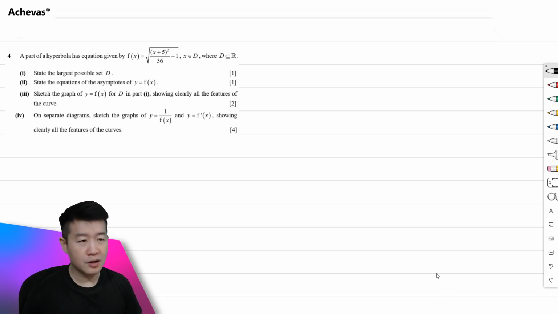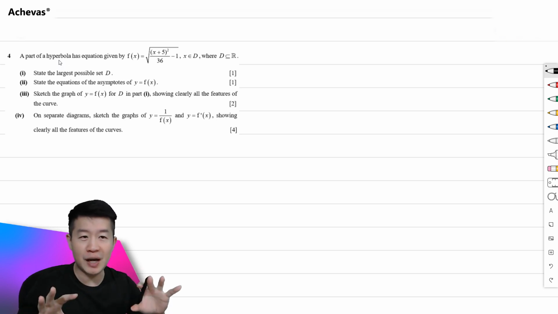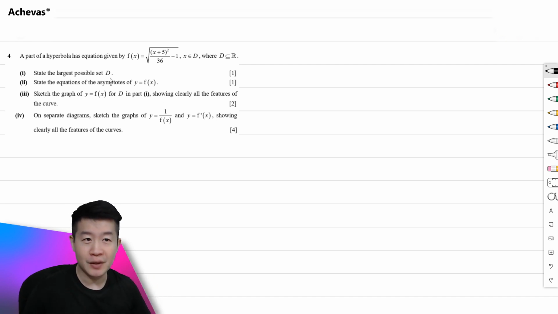Let's see. Okay. Part 1. 1 mark. We are supposed to find the largest possible set of D. I guess in order for you to write down a set of solution that is worth just 1 mark, you got to try to immediately see this as the hyperbola that they are trying to talk about, and from the features of the hyperbola, you quote what is the range of values for D. Okay, so if you are able to see, I don't think I will need to explain to you much.